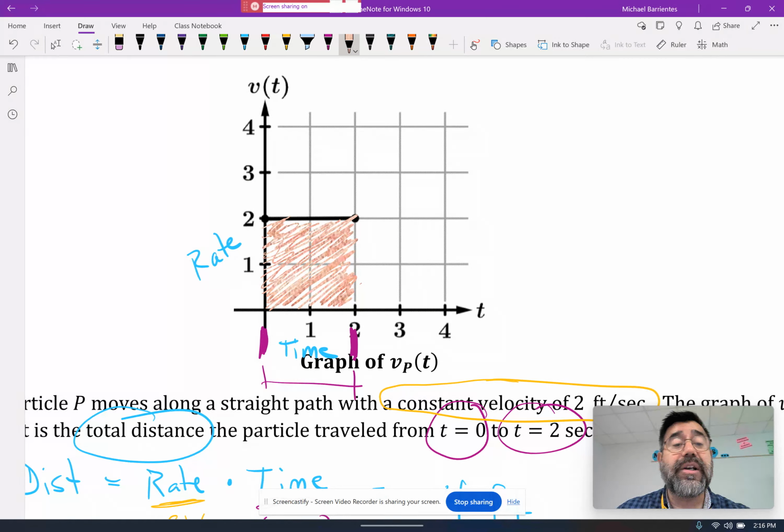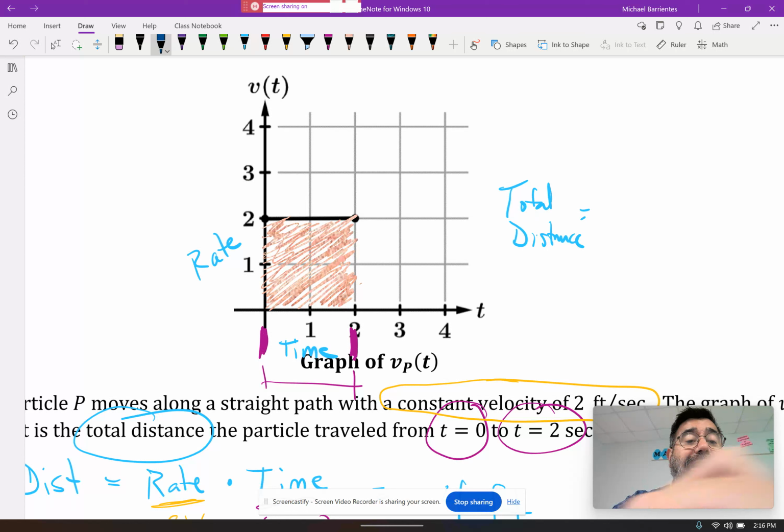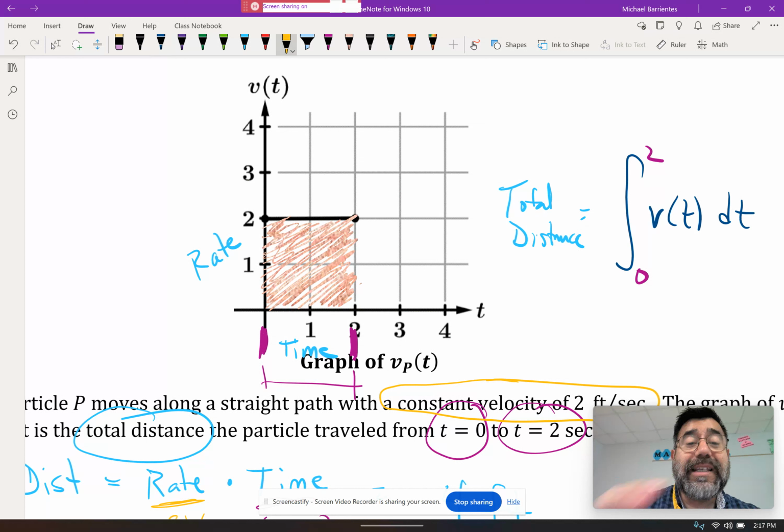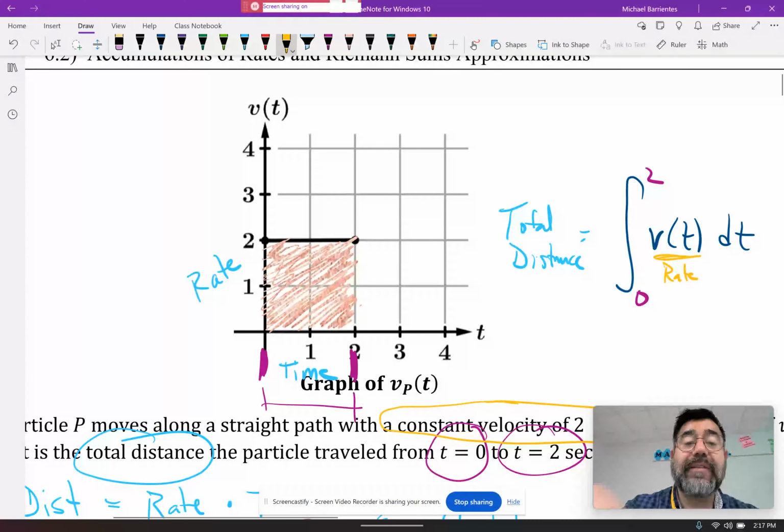And so what we're saying here is we found the total distance by taking the integral from 0 to 2 of the velocity function, dt. Now, if you look carefully, this was my rate, and this is my time.